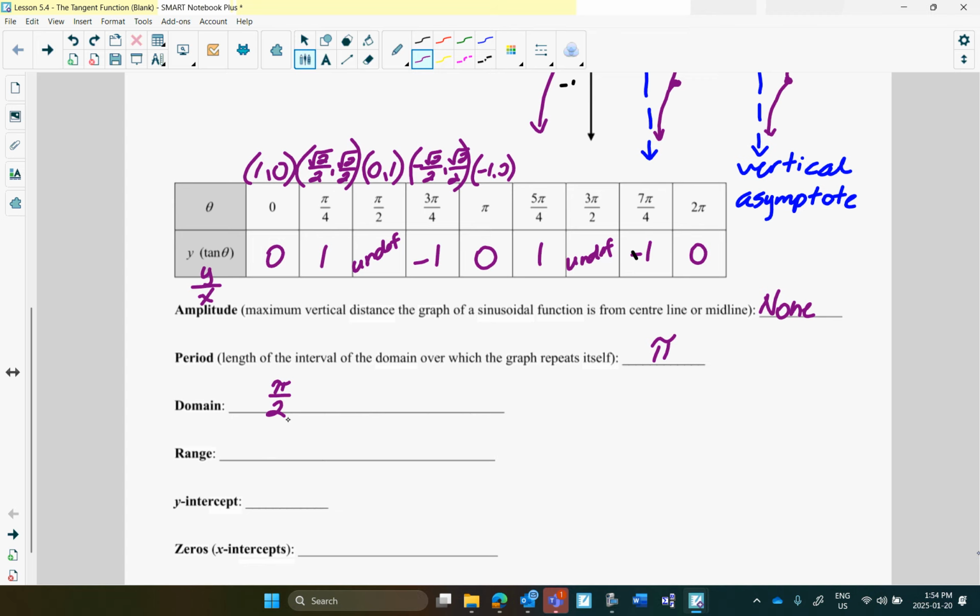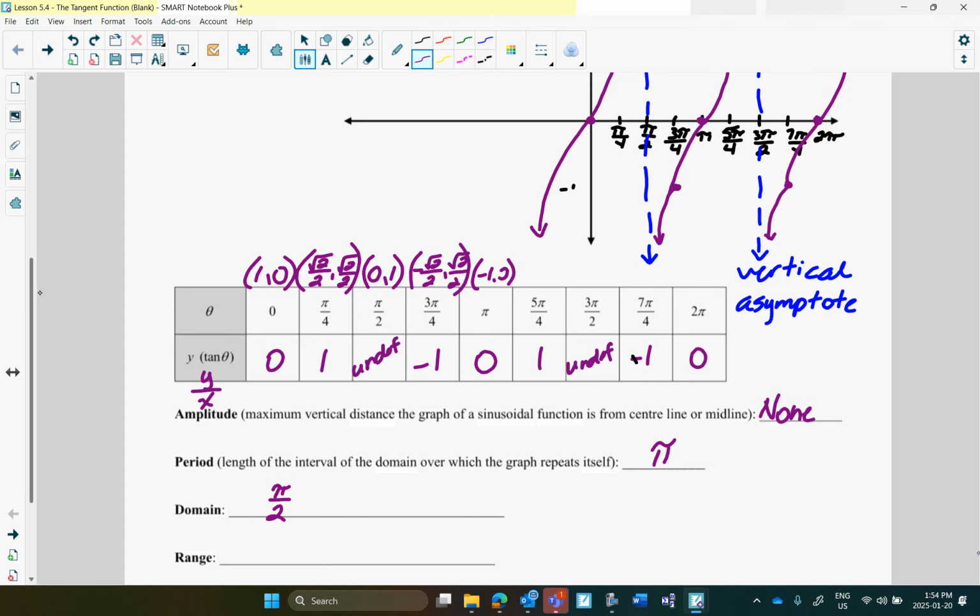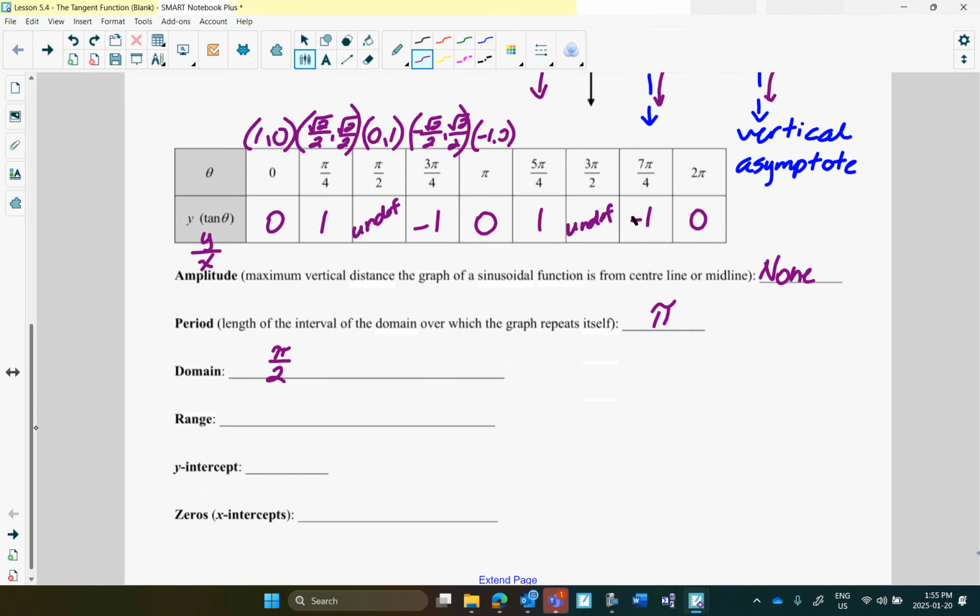And then it occurs after pi. So pi over 2, if I add a pi, I get to here. If I add a pi, I get to another one. If I start here and subtract a pi, I get to another asymptote. Here I get to another asymptote. So how do I show adding positives and adding negatives forever? K, where K is an integer. So this is going to be pi over 2 plus pi K, where K is an integer.